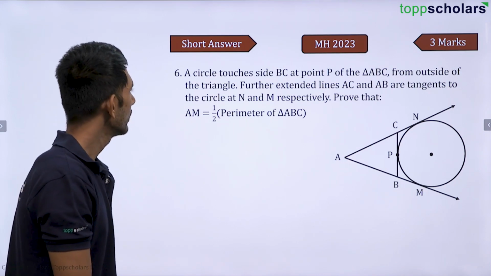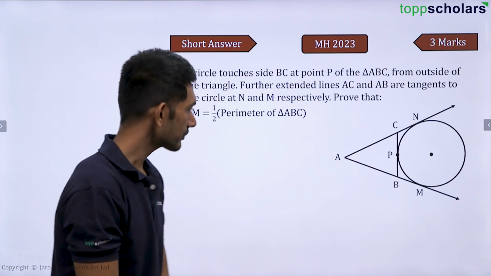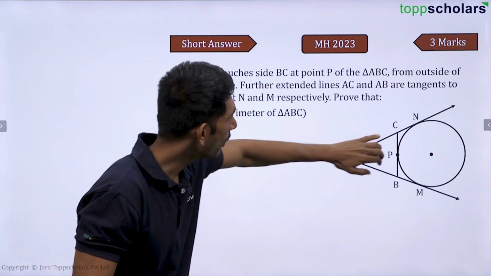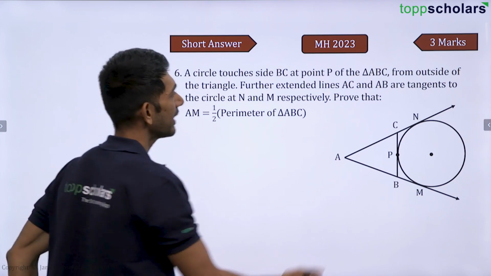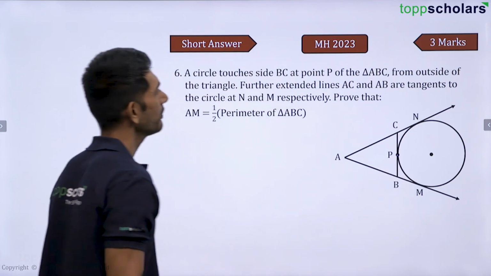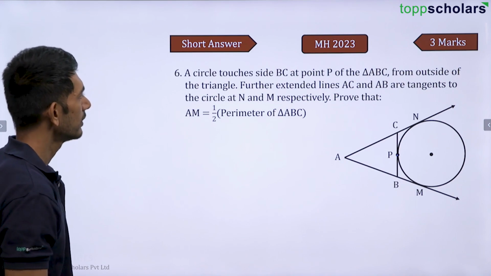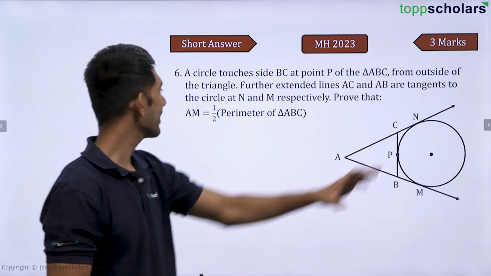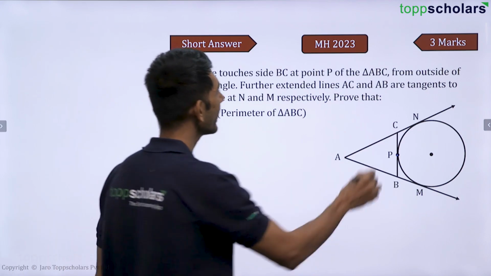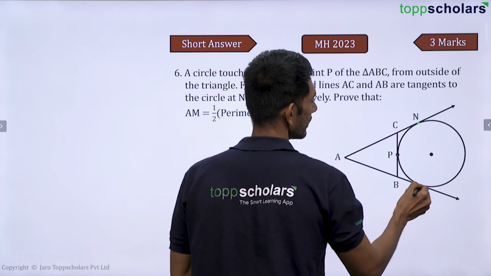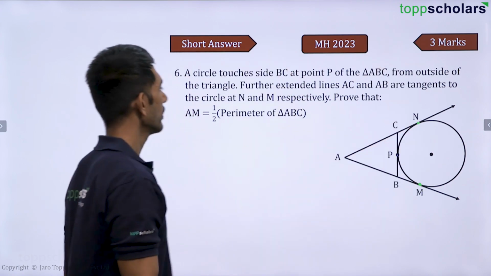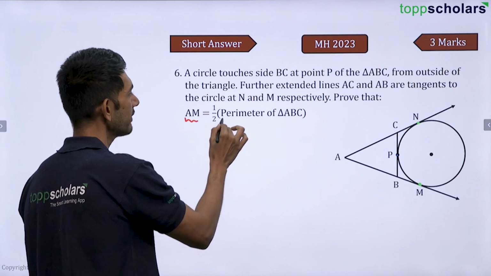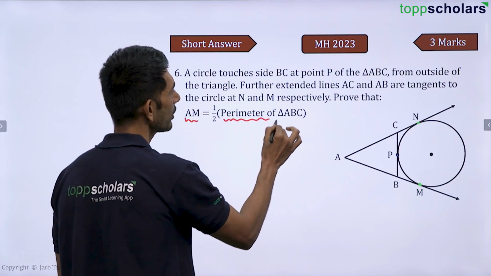So there is a circle and that touches side BC at point P. Further, extended lines AC and AB are tangents to the circle at point N and M. Point N, we have point M, correct? We are supposed to prove that AM is half of perimeter of triangle ABC.